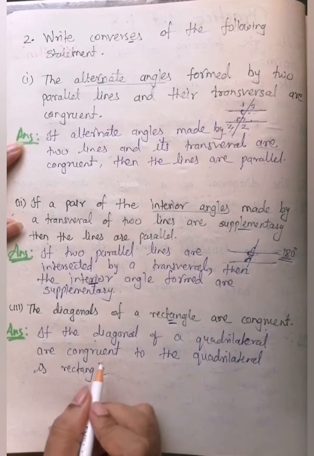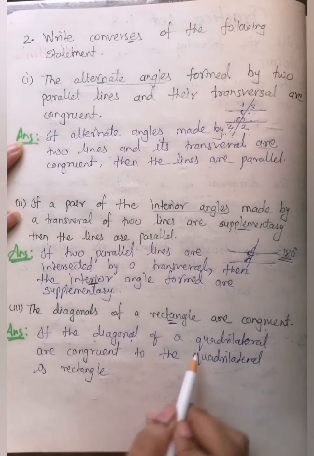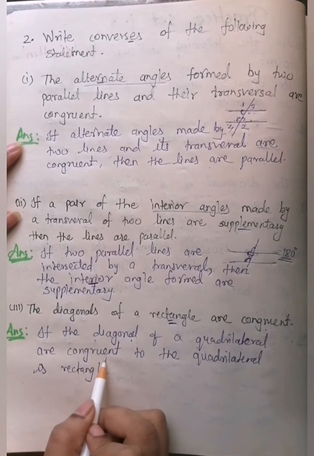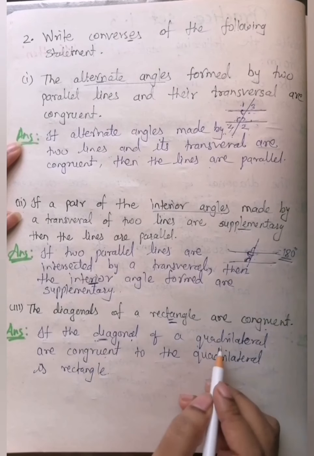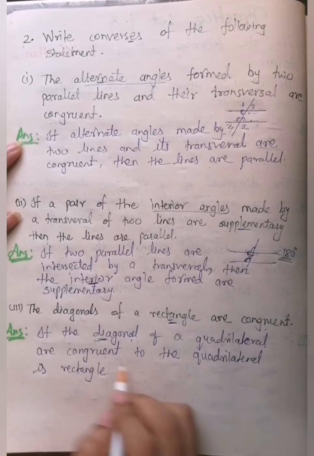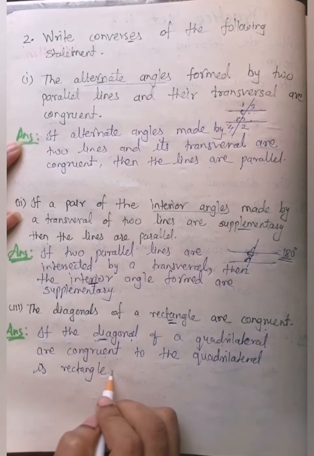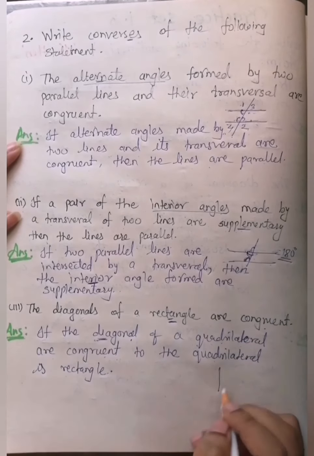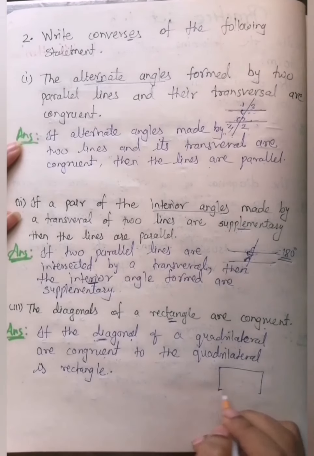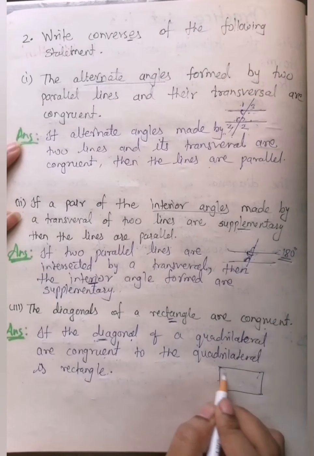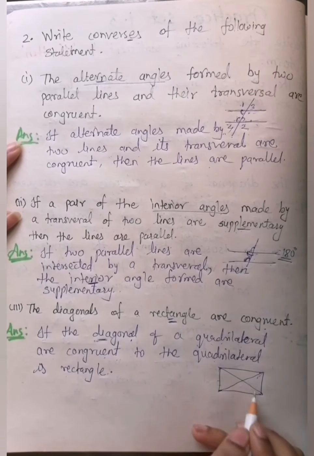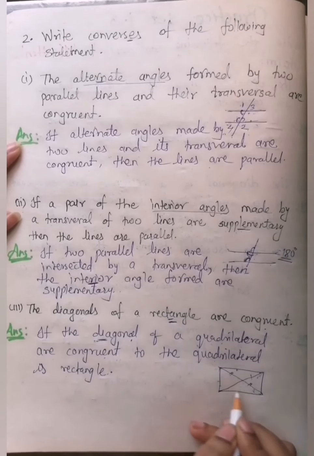Clear? So if the diagonals of the quadrilateral are congruent, then the quadrilateral is a rectangle. Why do we use quadrilateral? Because it has four sides and its diagonals are congruent with each other.